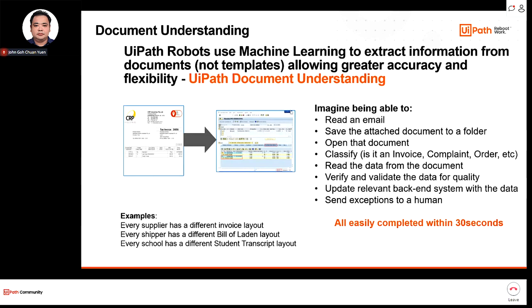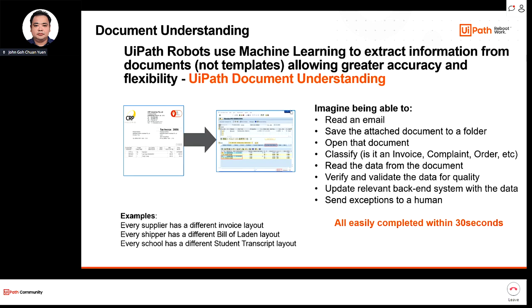So you can directly use it, and if there are additional fields you want to retrieve from the sample, you can train it further to make your model even smarter and cater for more use cases.